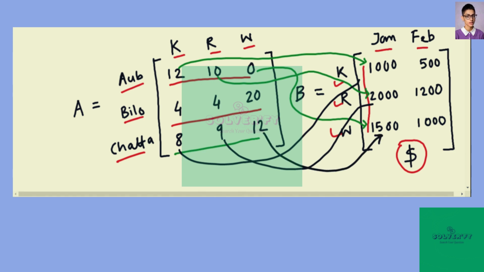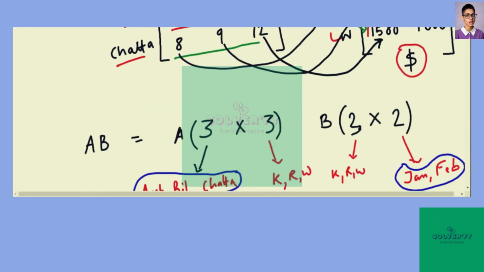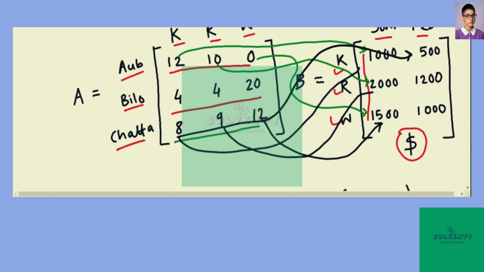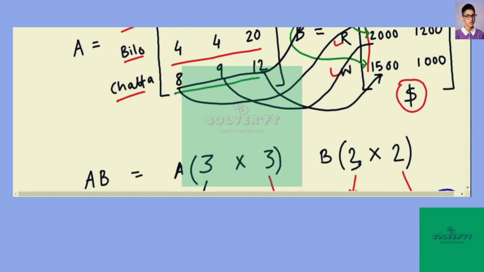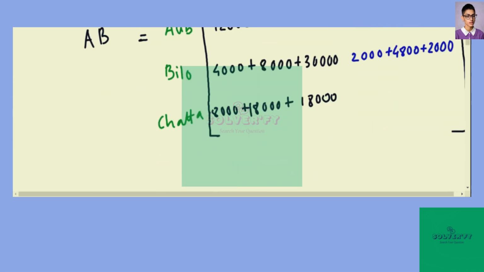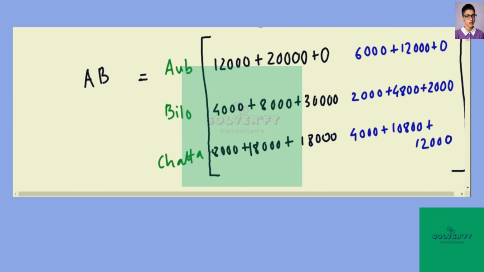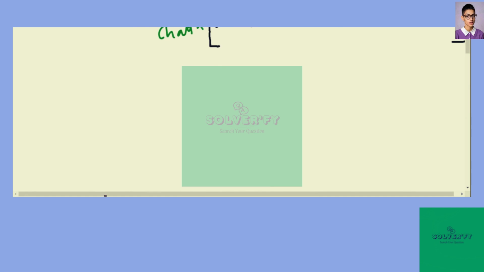So that would be 8,000 plus 18,000 plus 18,000. The last element of our final matrix would be multiplying this row again with the last column of B. So that would be 4,000 plus 10,800 plus 12,000.